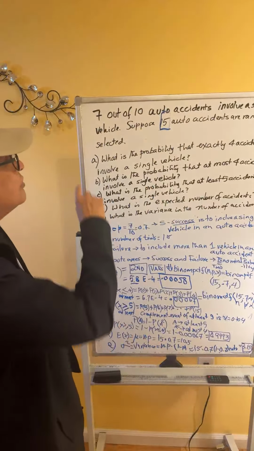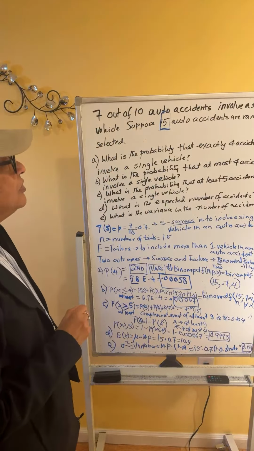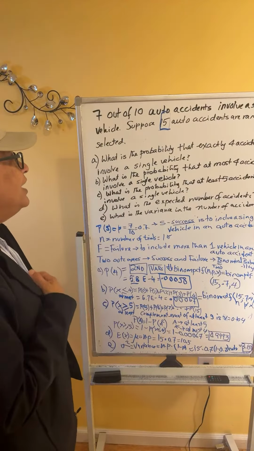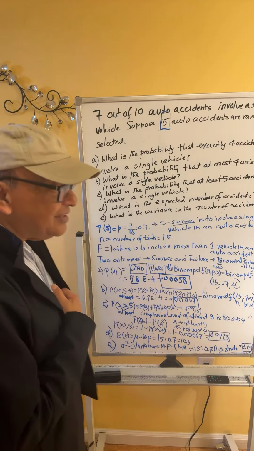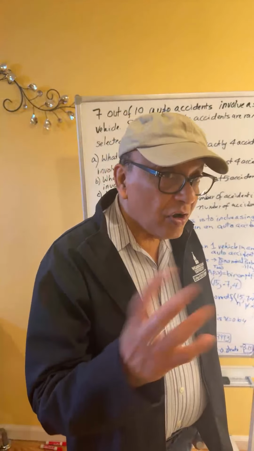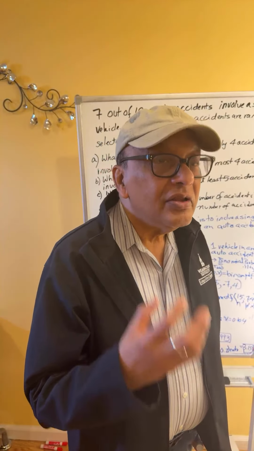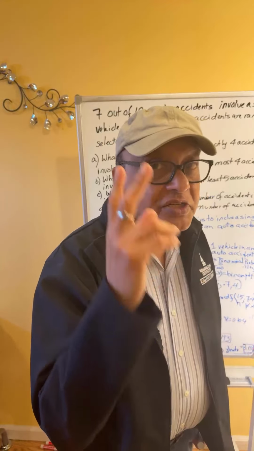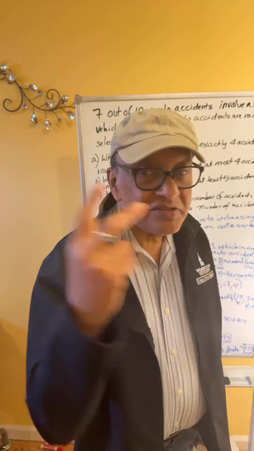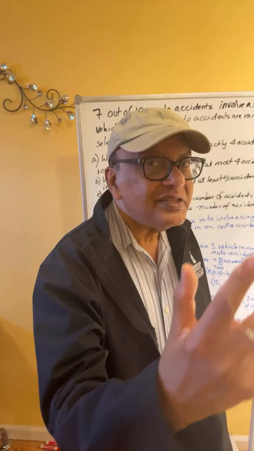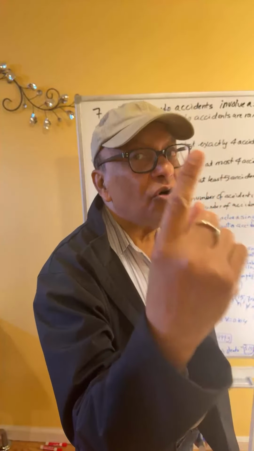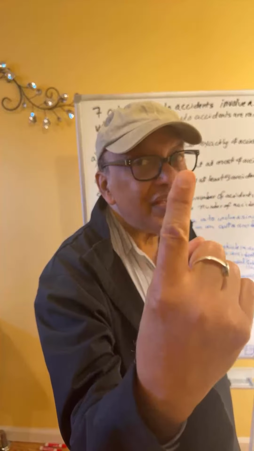The first question asks, what is the probability that exactly 4 accidents involve a single vehicle? 4 out of 15. The point is, this is a binomial distribution. What is a binomial? There are two possibilities or two outcomes, either a success or a failure. Here the success is to find auto accidents which involve only one single vehicle.